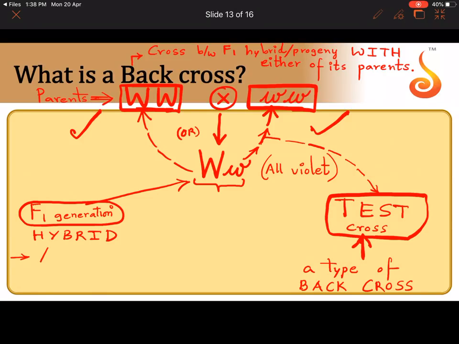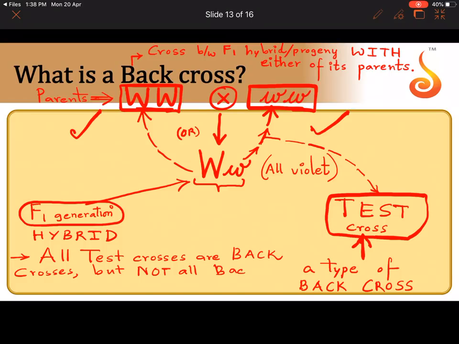That's why there is a statement that we use: all test crosses are back crosses, because test cross is a type of back cross, but not all back crosses are test crosses.